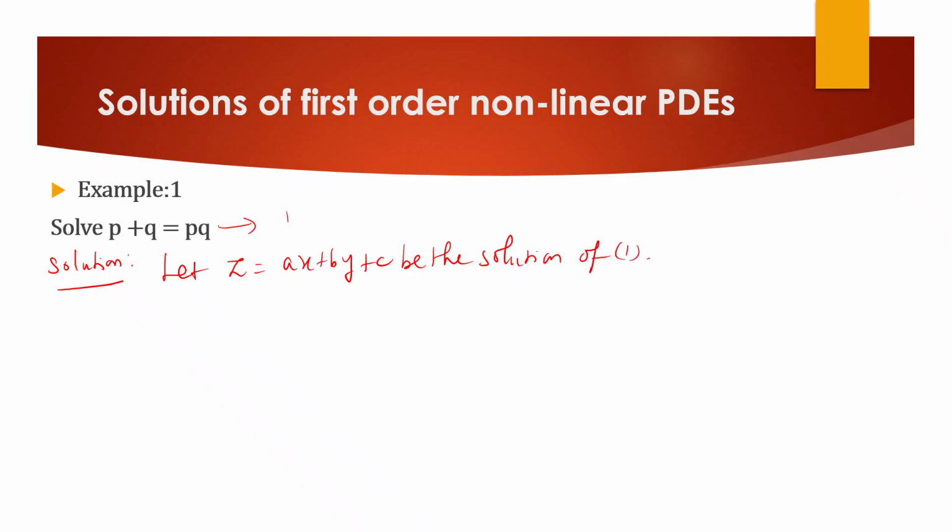Let us name this as 1. Okay, so now we have to replace p as a and q as b in 1, which gives a plus b is equal to ab.